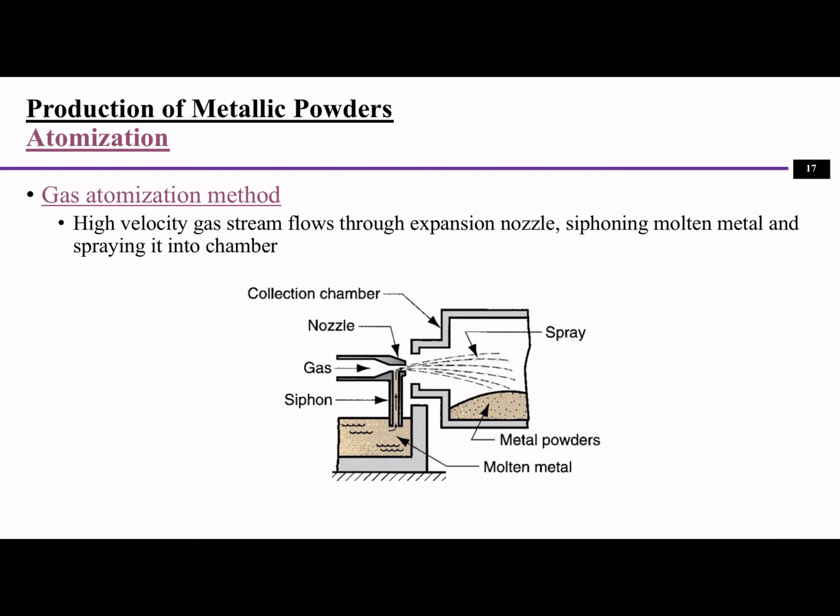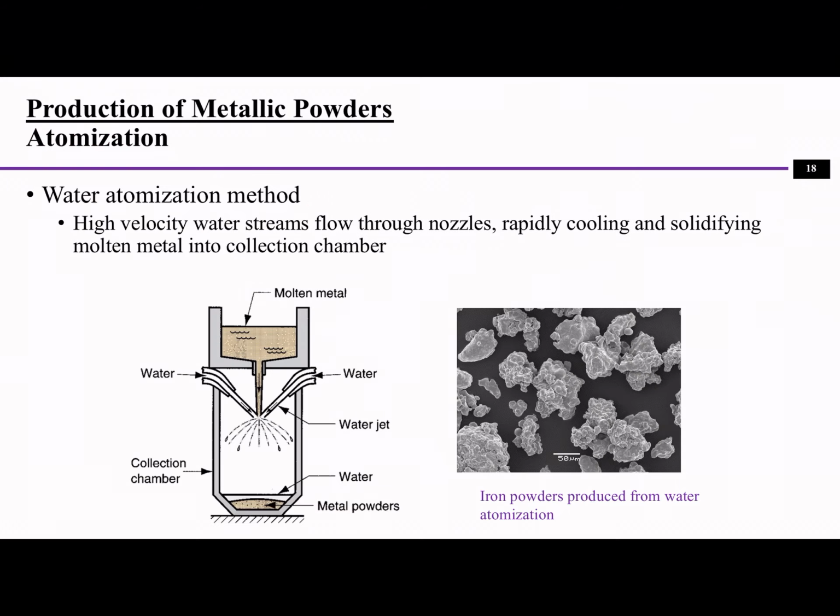When we spray the molten metal, it starts to form those small particles. So this is a way to create metal powders. And you can watch the video in this slide to see how the process looks in industry. Another method is the water atomization method. The difference from the gas atomization method is that here we use water to spray and create that blowing power to create those metal powders.